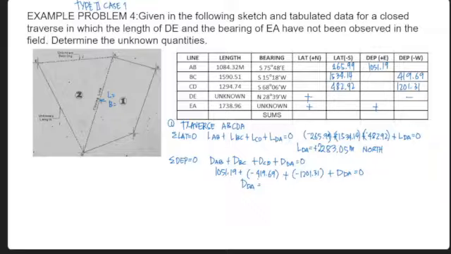DA. DA yung hinahanap natin, hindi AB. Okay, so therefore, our length is the square root of 2283.05 squared plus 569.81 squared, which is 2,523.08 meters.